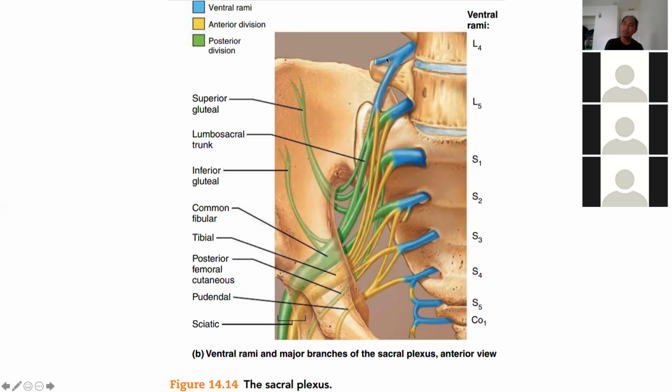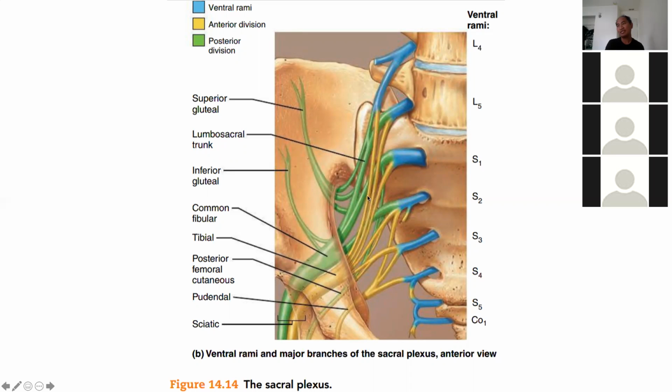We don't use it. We use only anterior rami for the nerve plexuses. We'll leave the posterior rami alone. Let them supply the posterior part of our body. And we will use only the anterior ramus for the nerve plexus.